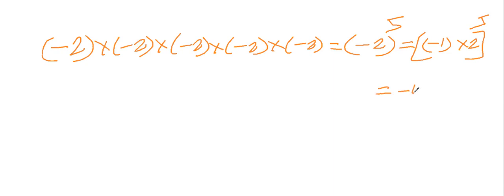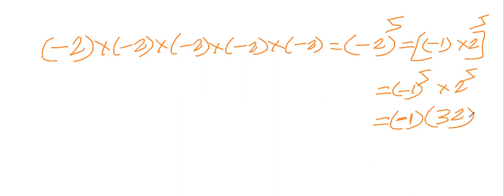This I can even write as minus 1 to the power of 5 into 2 to the power of 5. Now minus 1 to the power of 5 means what? It will be minus 1 only. And 2 to the power of 5 means what? It will be 2 to the 4, 4 to the 8, 8 to the 16, 16 to the 32. This will be 32. So minus 1 into 32, I will get the answer minus 32. So this will be my answer.